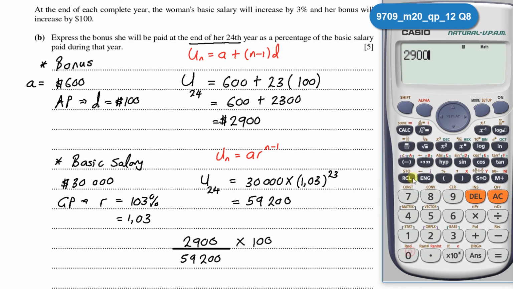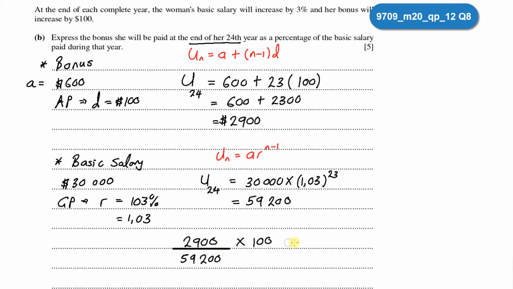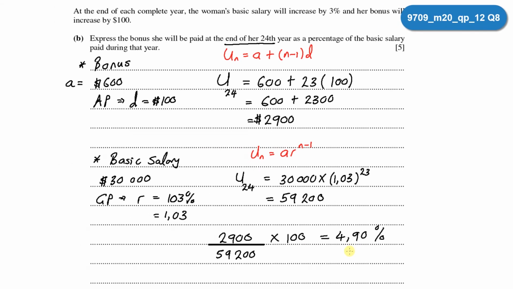This gives us 4.8986, so that's to three significant figures. This should give us 4.90%. And this is the answer for part B.